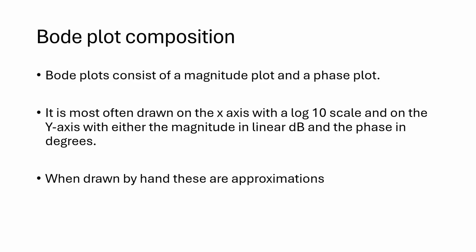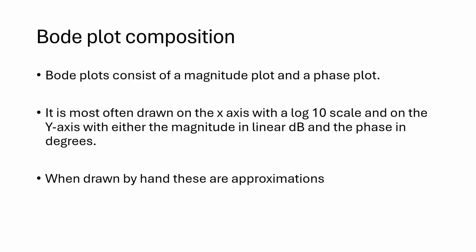A Bode plot consists of a magnitude plot and a phase plot. It's most often drawn with the x-axis on a log 10 scale of radians per second, and on the y-axis, if it's a magnitude plot, it's going to be in linear decibels, or if it's the phase plot, the y-axis will just be in degrees.